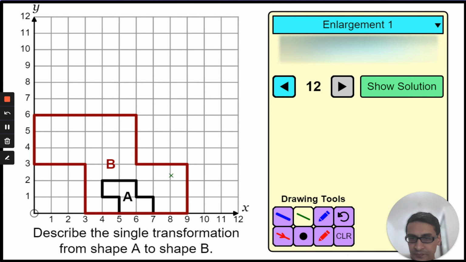Question 12. Describe the single transformation from A to B. So I'm going to go from A to B. So let's do it this way around and see what happens. Okay, so this is going to go this way.